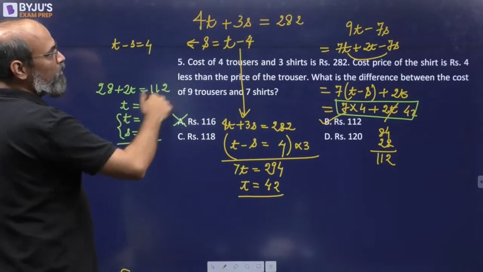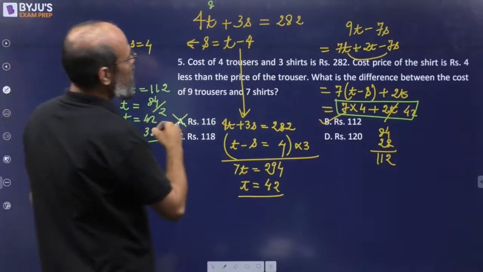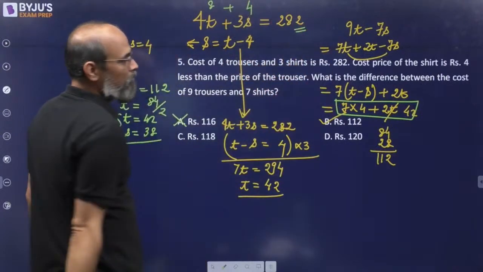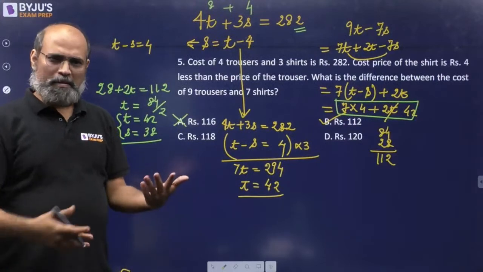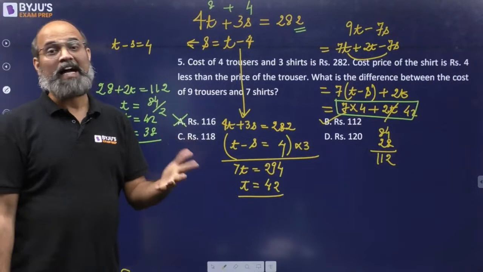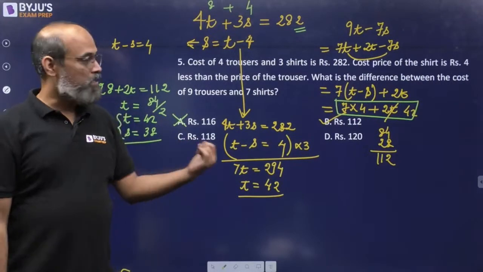So 4 into 42 is going to end in 8. And 3 into 84 is going to end in 4. So 8 plus 4 will result in a 2. वो मार्क करके आप आगे बढ़ सकते हो, ठीक है? मतलब आपको कॉन्फिडेंट रहना पड़ेगा कि CMAT is not going to be that difficult and the options are not going to be that tricky. Options आपके बहुत straight forward होंगे.